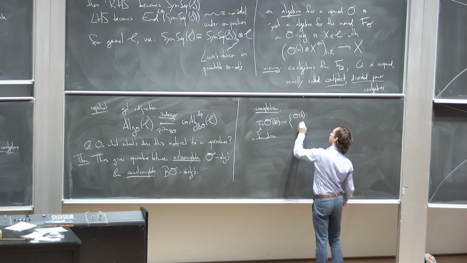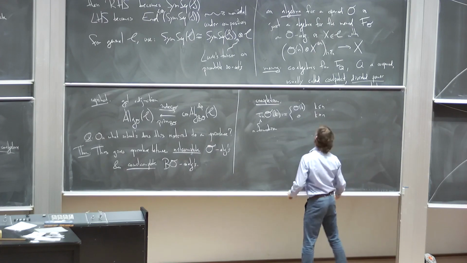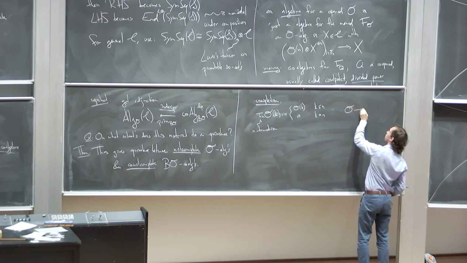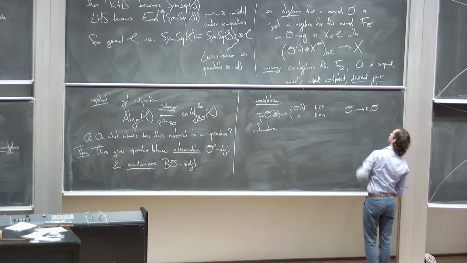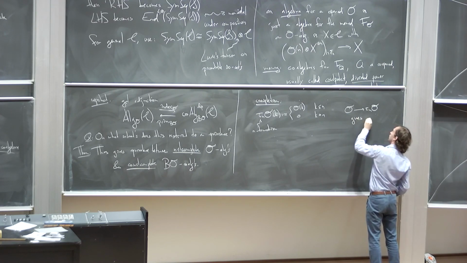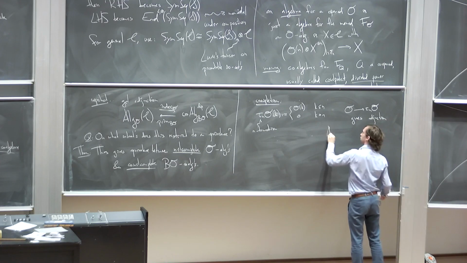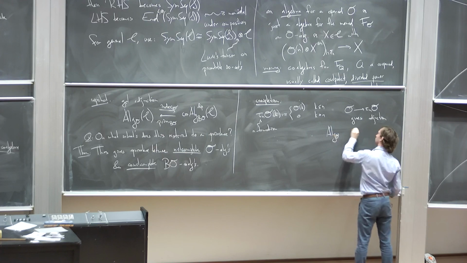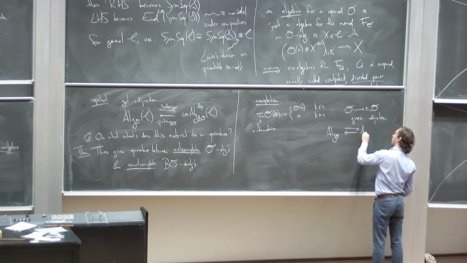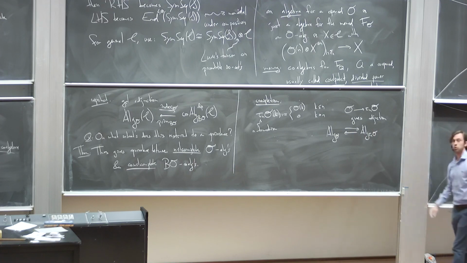So this is just O(k) if k is less than or equal to n, and it's 0 if k is greater than n. So there's a map from O to τ_n O, that's the truncation, and this gives an adjunction between O algebras and τ_n O algebras, just again restriction and push forward.